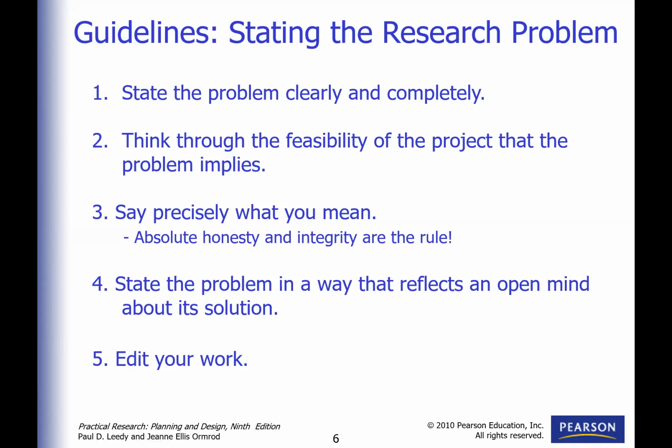So the next thing when you're writing your project, your problem statement, you have to precisely say what you mean. We are going to see that today. So you may say, well, I'm not lying, I'm saying what I mean, but in reality, if you are not extremely clear in your statements, then you are actually not saying what you mean, not being absolutely honest. How can this happen?